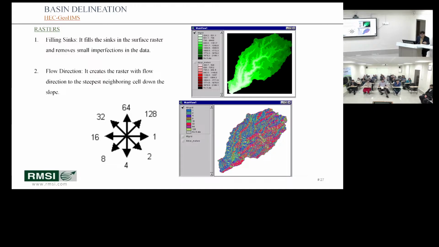Then where will that 40 meter pixel drain? The next downstream pixels will have elevations of 30, 20, 25, 15, and at the outlet you will get an elevation of 5 or 10 meter. Likewise, flow direction decides the direction of flow from one pixel to another.